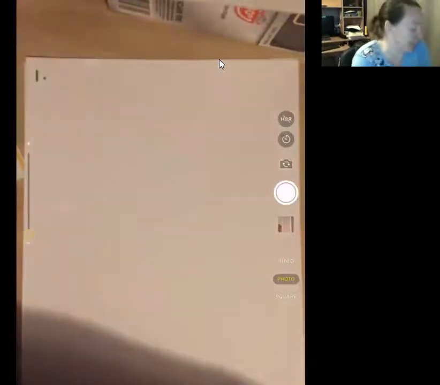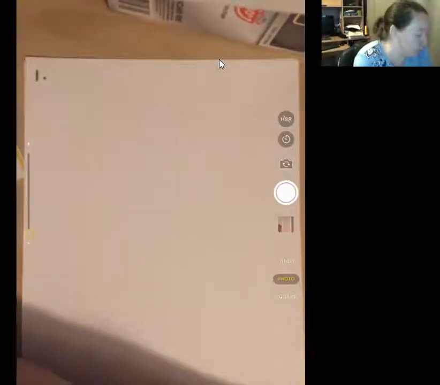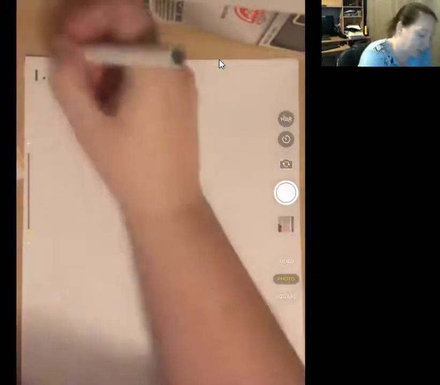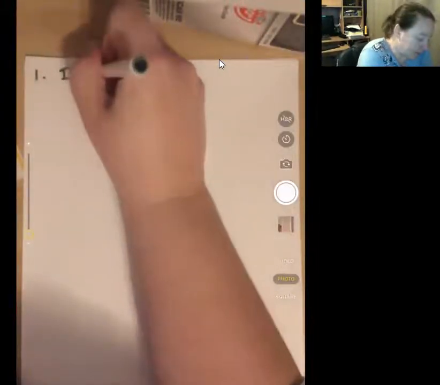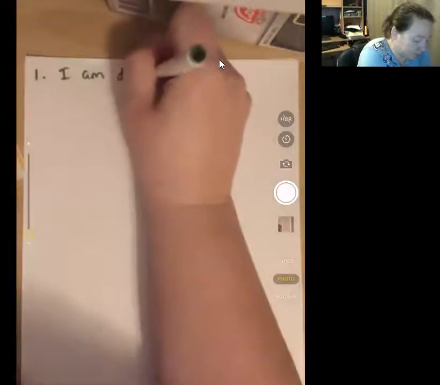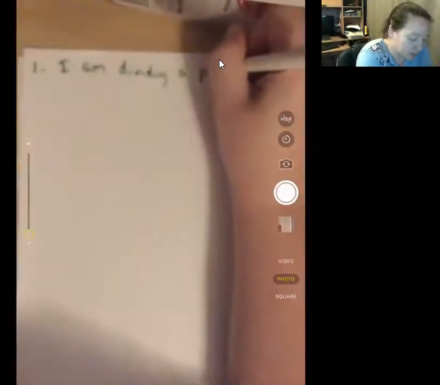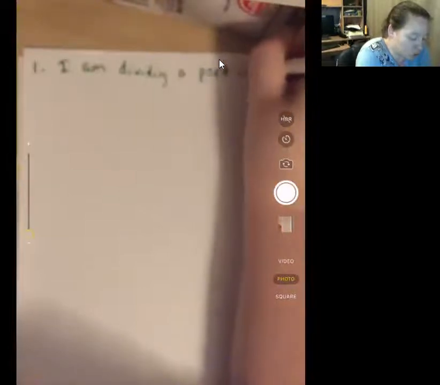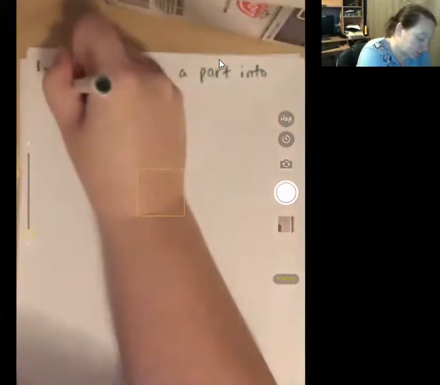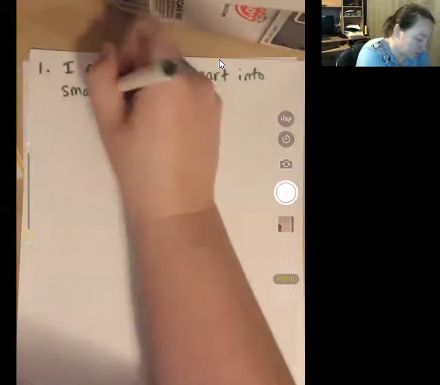Let's look at it. Number 1 says, explain how you can tell without computing whether the quotient of 1/2 divided by 6 is greater than 1 or less than 1. Well, I am dividing a part into smaller parts.